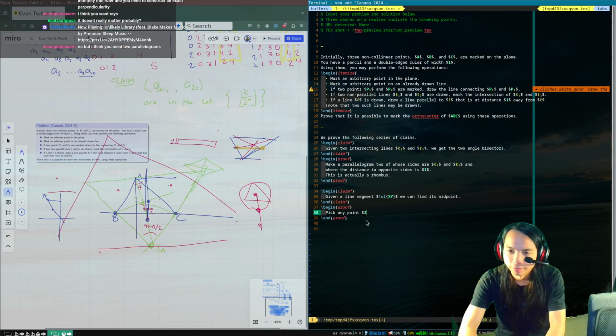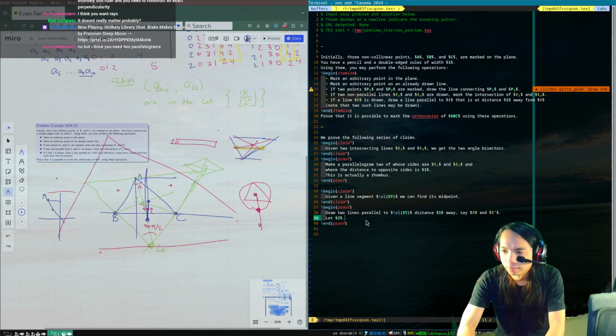Pick any point Z. Or draw two lines parallel to XY, distance 1 away, say L and L prime. Let Z be on L prime. Draw lines and meet at.